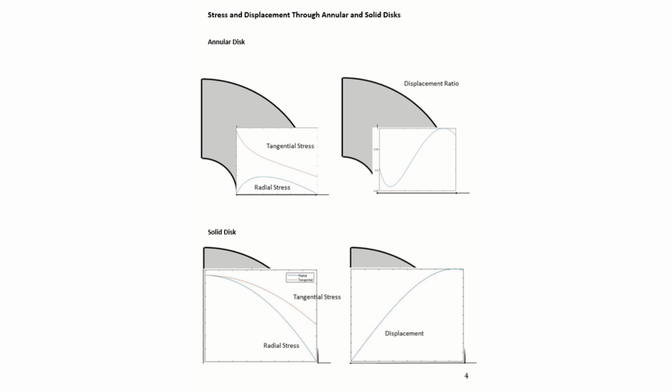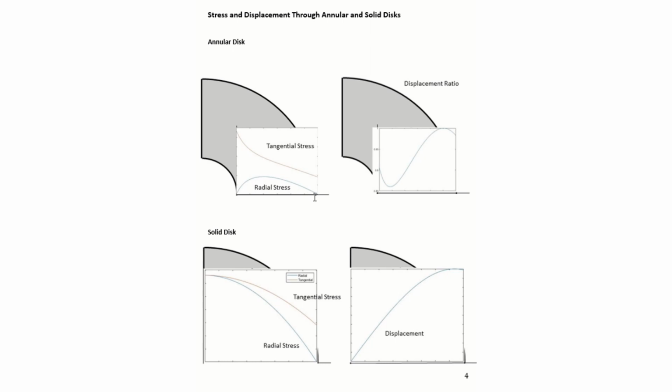Plotting the stresses and displacements in the annular disk can be shown as given here in this slide. You can see that the tangential stress is largest again at the inside surface and decays non-linearly at first and then somewhat linearly. The radial stress peaks somewhere inside the disk.